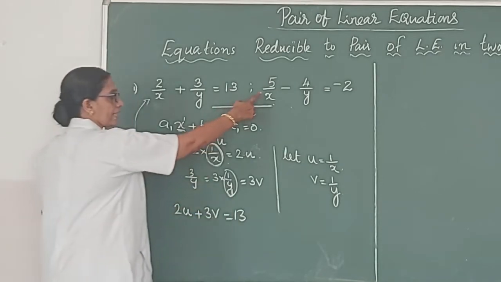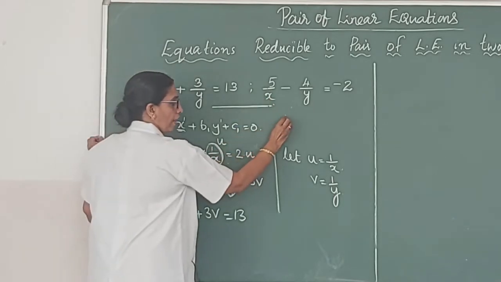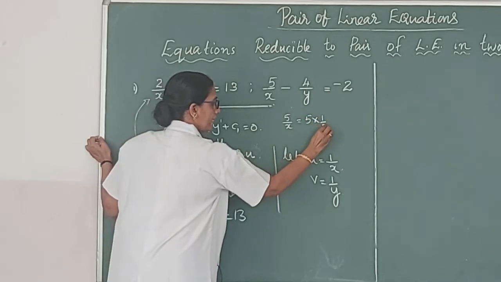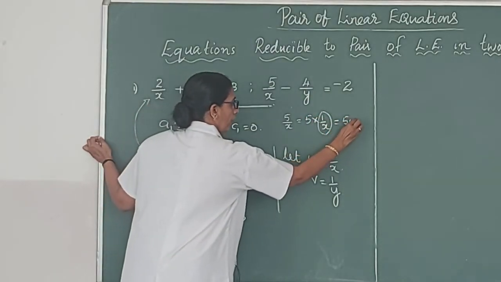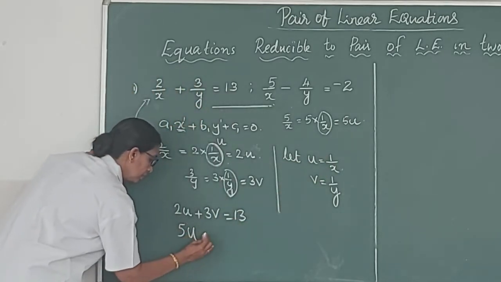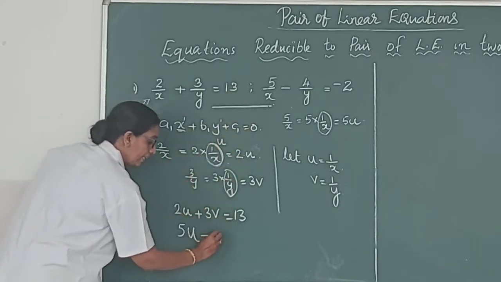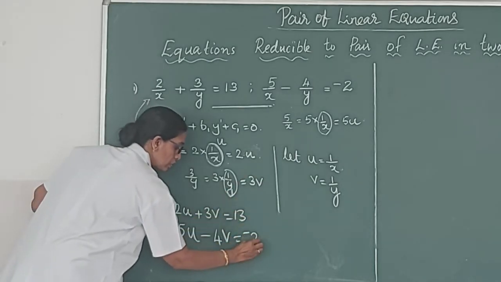Now what about the second equation? 5 by x is actually 5 into 1 by x. For 1 by x we have taken u, so it is 5u. Minus 4 by y we can write as 4v, equal to minus 2.